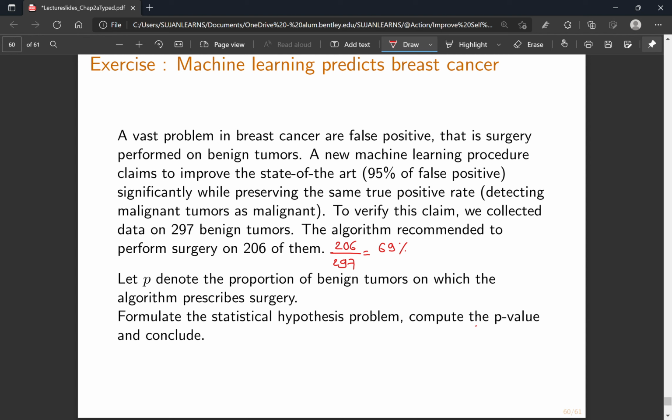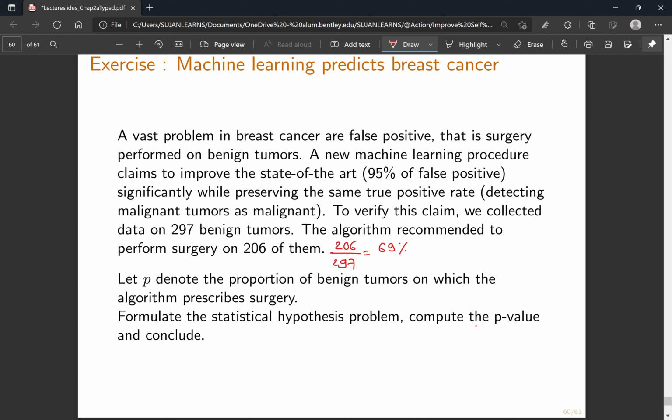Now, our job is to see whether this is by chance or some statistical anomaly, or whether it is a true reduction in the false positive rate. How do you do that? We can do that using statistical hypothesis testing on those numbers.